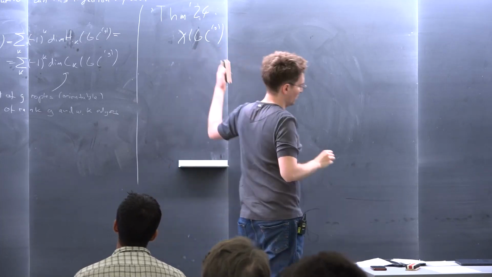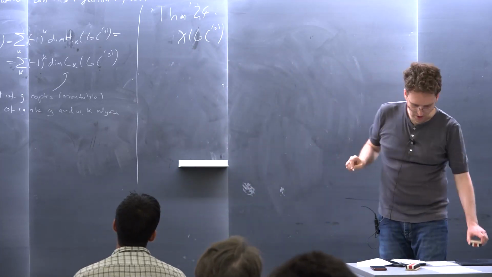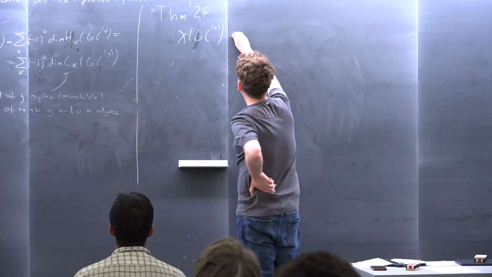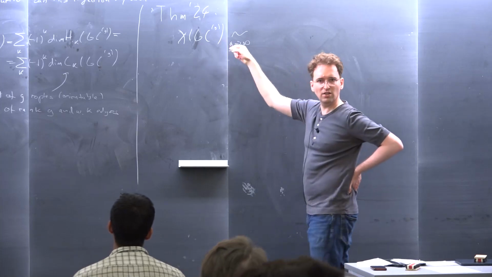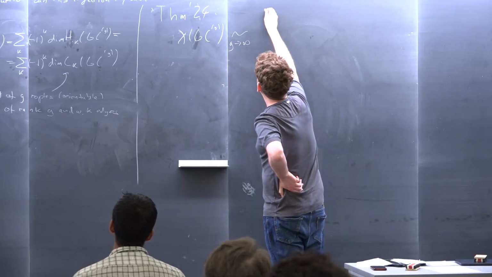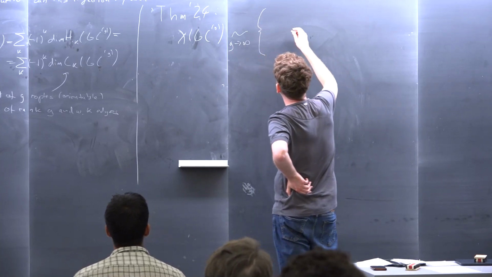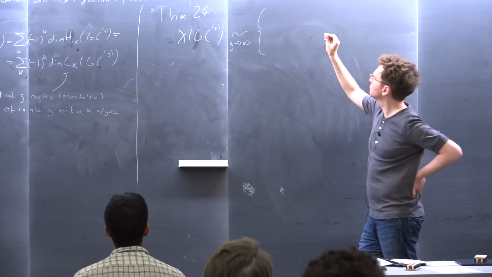So the Euler characteristic of this thing has a very interesting shape. This is again a large g asymptotic, so large rank of the graph. And we have different asymptotics depending on the parity of g.